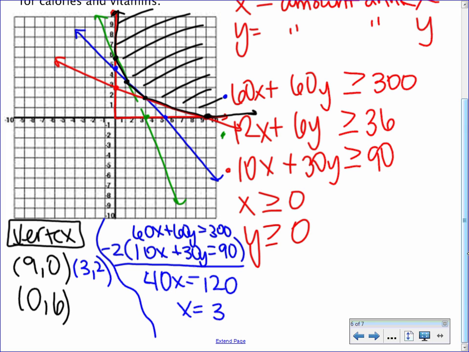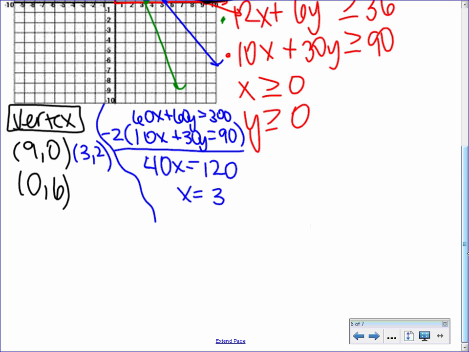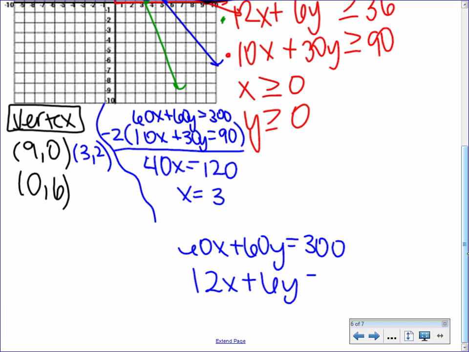For this vertex point, we're talking about where the blue and the green intersect. So we're talking about the system of 60x plus 60y equals 300, and 12x plus 6y equals 36. How would you want to solve this system? You can multiply by 10, or use substitution. I like 10 because it's a nice number to multiply.